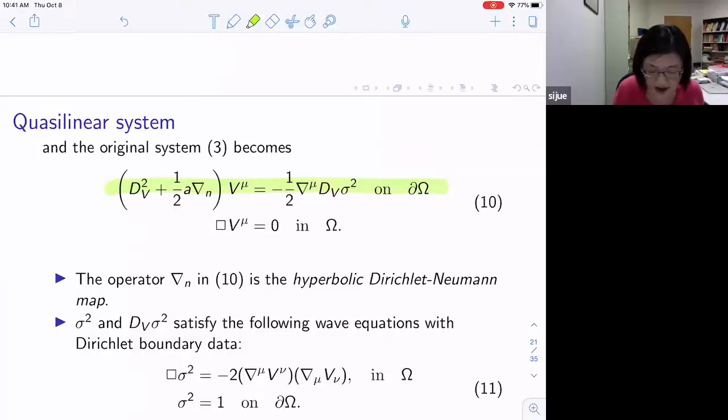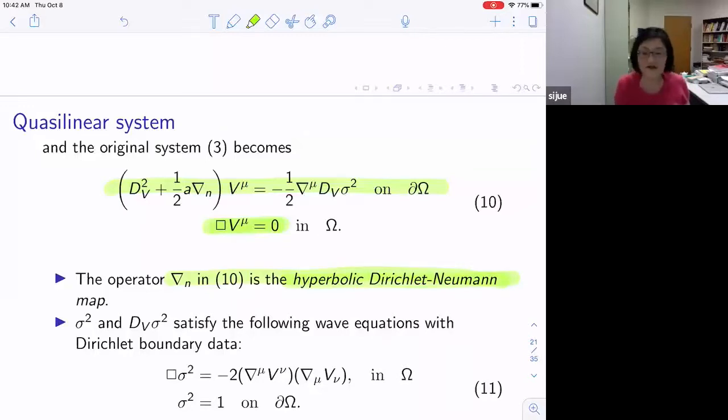The velocity field will satisfy the D'Alembert equation instead of Laplace, and we know that hyperbolic and elliptic are very different: Laplace equals 0 versus box equals 0 has some fundamental difference. What's crucially different is that it's not clear whether this hyperbolic Dirichlet-to-Neumann operator is still positive, and we know that's crucially important.